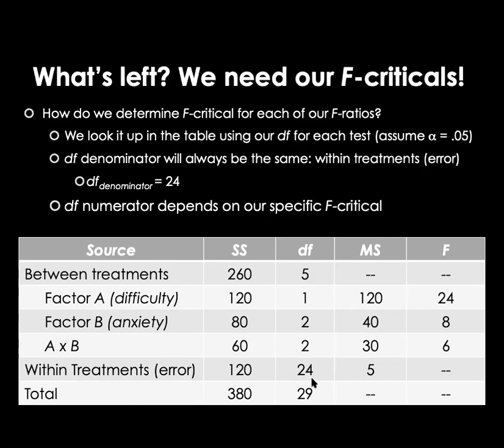The numerator, however, depends on the F value that you're looking up. So when we want to find F critical for factor A, we're going to use a numerator of 1 degree of freedom, right? When we're looking up in the table to find F critical for factor B, we're going to use degrees of freedom of 2, and same for the interaction.